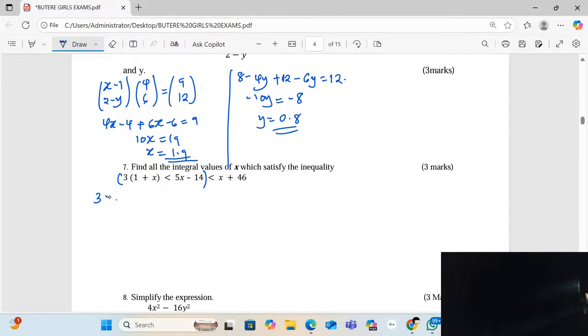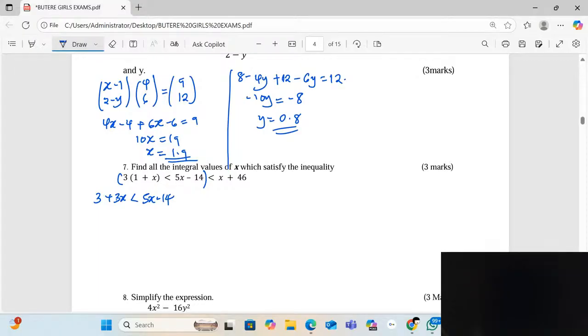It will be 3 plus 3x, is less than 5x minus 14.